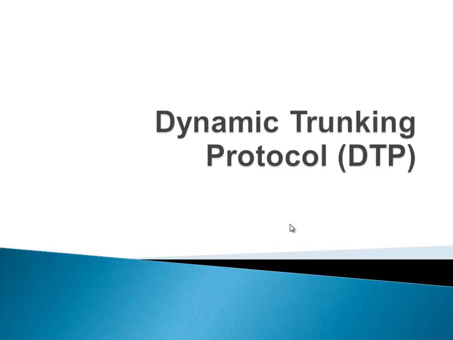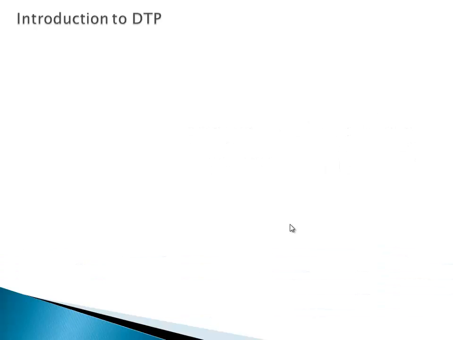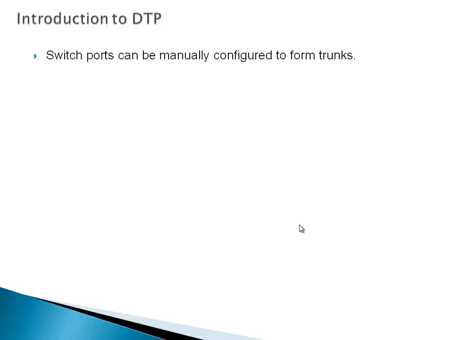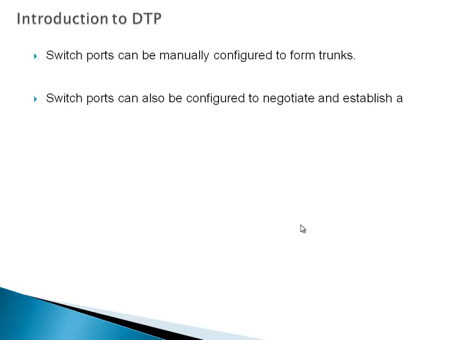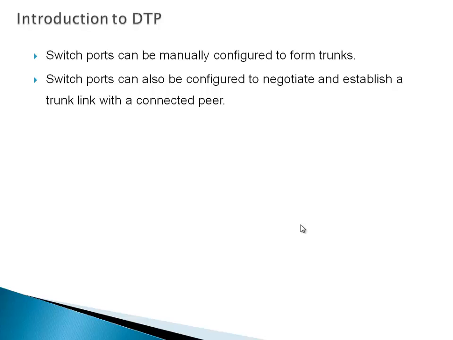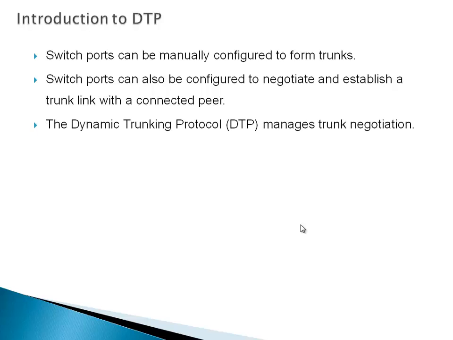Dynamic Trunking Protocol, or DTP. Now with DTP, a switch port can be manually configured to form trunks. Switch ports can also be configured to negotiate and establish a trunk link with a connected peer. DTP manages the trunk negotiation.